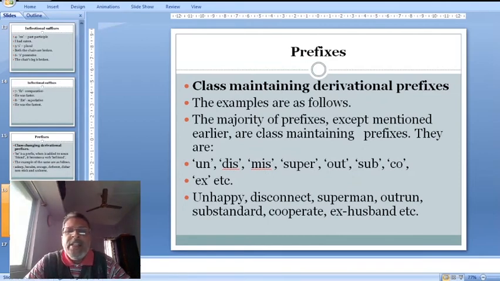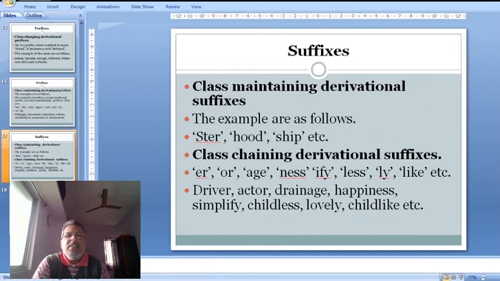Class maintaining derivational prefixes. The majority of prefixes, except those mentioned earlier, are class maintaining prefixes. They are un, dis, mis, super, out, sub, co, ex. Examples: unhappy, disconnect, superman, outrun, substandard, cooperate, ex-husband, etc.